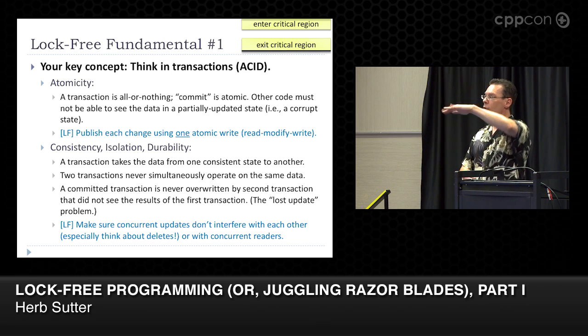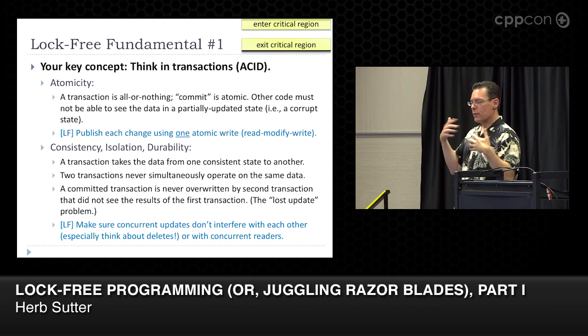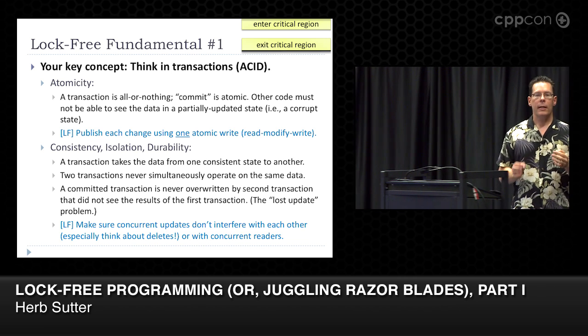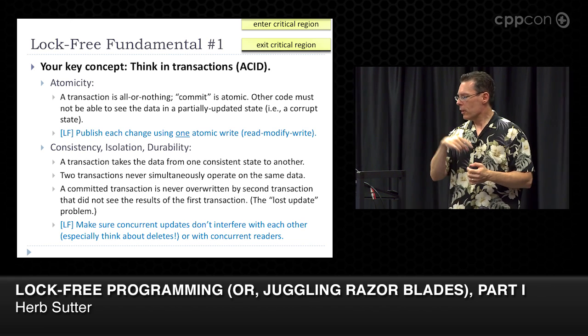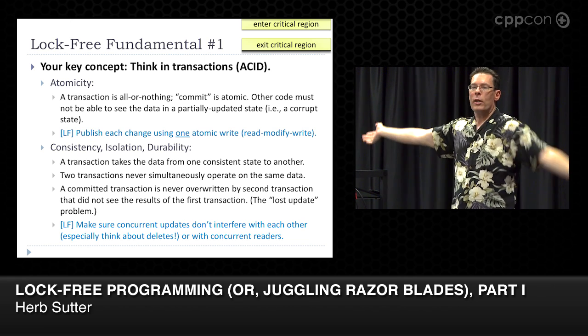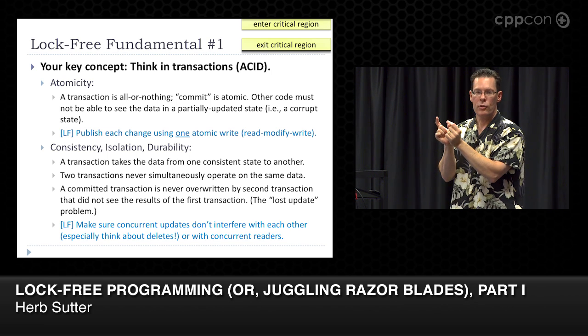Think of every locked region where you go lock, unlock as a transaction on the shared state. This is a good way to think, and in particular with lock-free programming, the way to think about it is that we're going to use atomics, which are these little synchronized variables I'll show on the next slide, where we're going to do all sorts of work and make it visible to the universe with a single atomic write instruction.